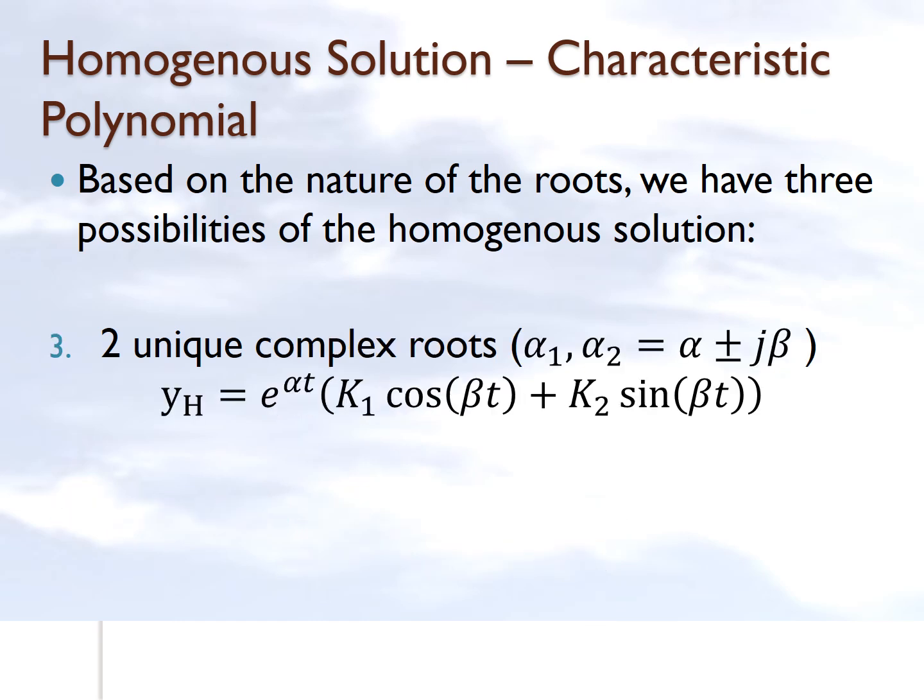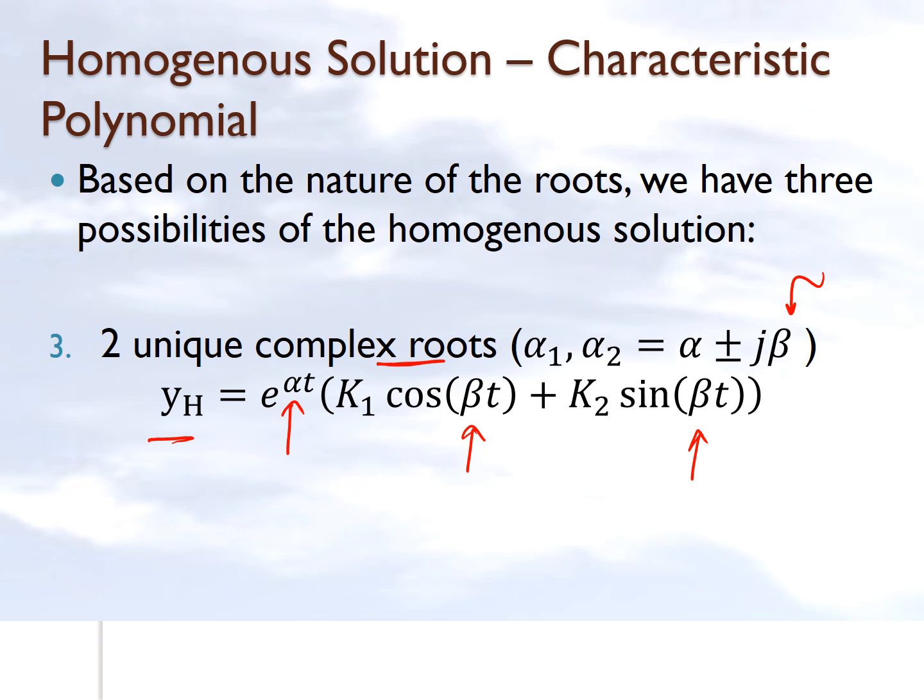The third and last possibility for our two roots is that they are both unique, but they are complex conjugates. So the two roots are complex conjugates with a real part alpha and an imaginary part beta. In this situation, the homogeneous solution would be a sinusoid function with an exponential envelope. The exponential envelope has an exponent alpha, which is the real part, and the sinusoid oscillates at a frequency beta, which is the imaginary part of our roots.